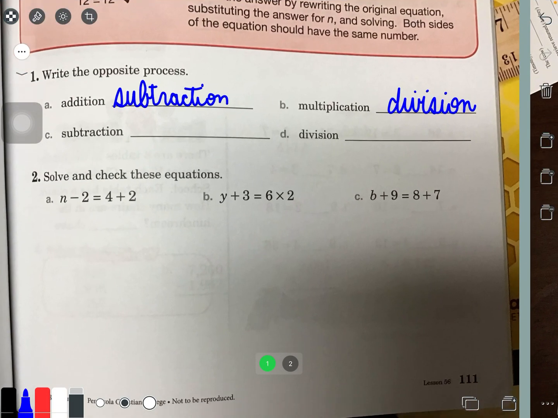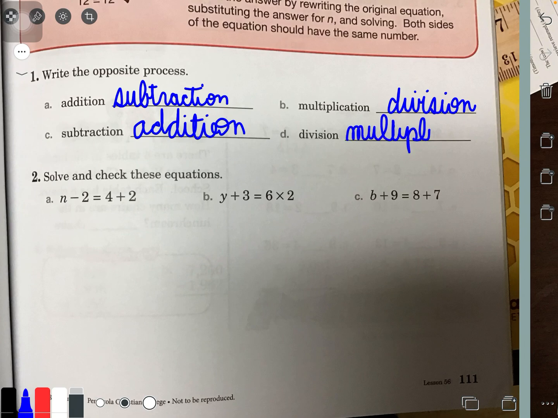And what's the opposite of subtraction? Well, the opposite of subtraction, as you know already because we did it up here, is addition. Oops, sorry, that's sloppy. And the opposite of division is multiplication. And did you know that all 4 words were spelling words once?